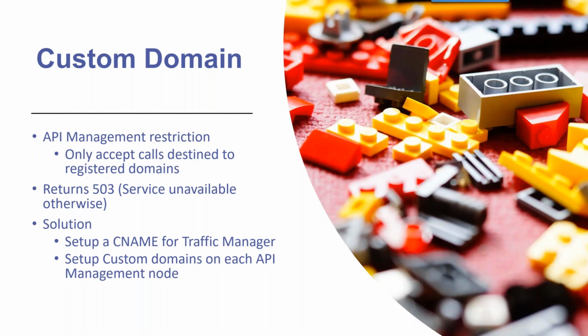But at the same time, that domain also needs to be set up in API management. And you can set up the same domain on each one of the nodes. That is not a problem, right? So you can have api.node2self.tag on the primary and the secondary, and it would accept that.